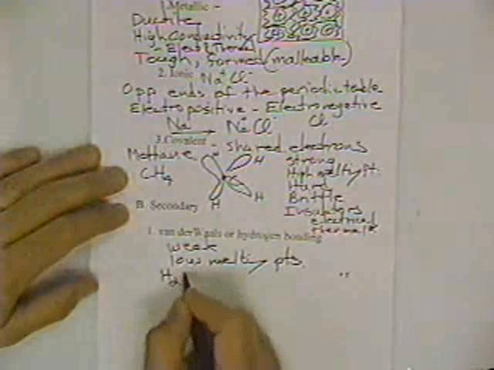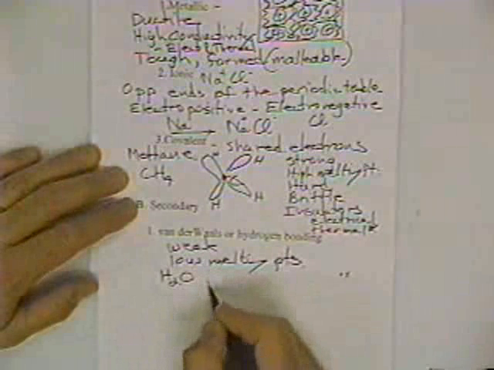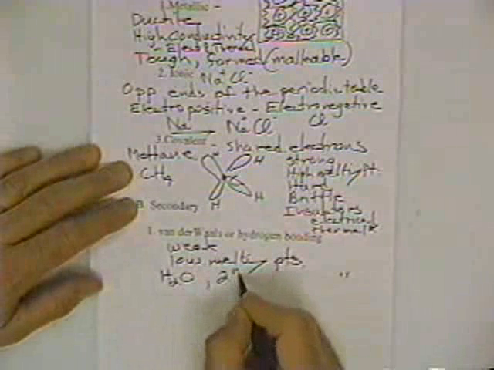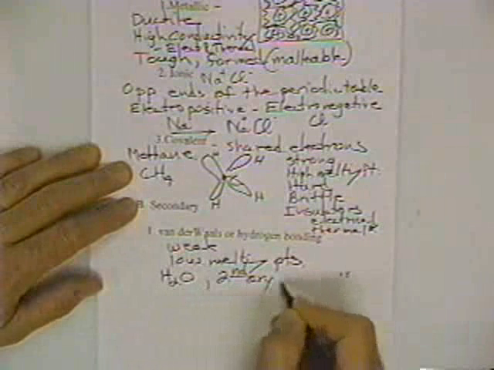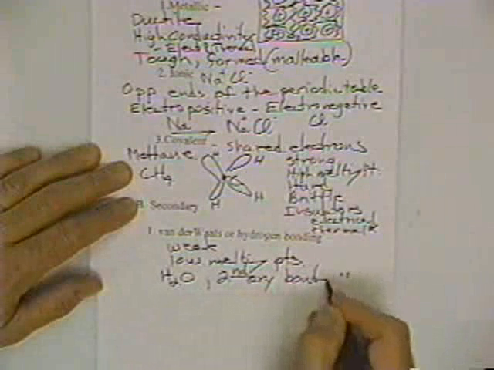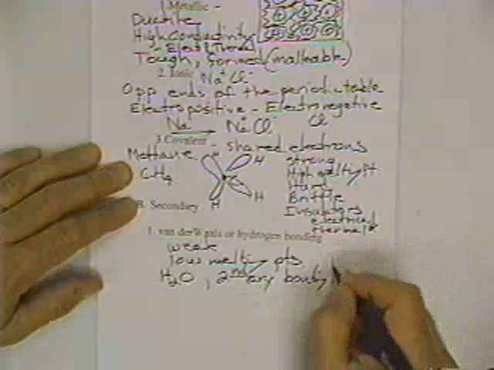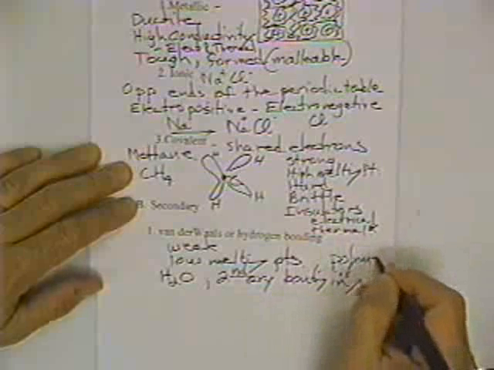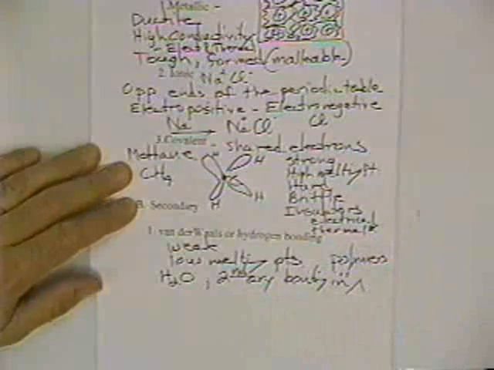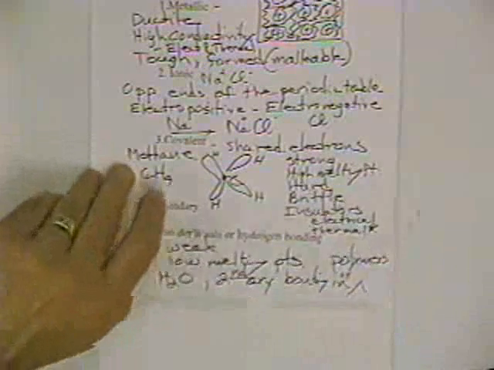It is also the force that holds water together, and it's the secondary bonding in, plan ahead, the secondary bonding in polymers. And I have a little picture of that I would like to show you.